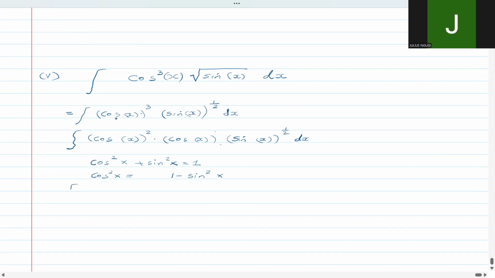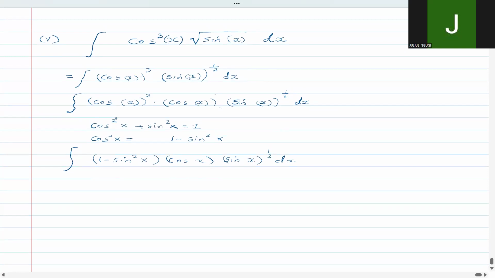And then we write this integral. Cosine squared of x is 1 minus sine squared of x, then multiply by cosine of x, then multiply by sine of x to the power of a half with respect to x.